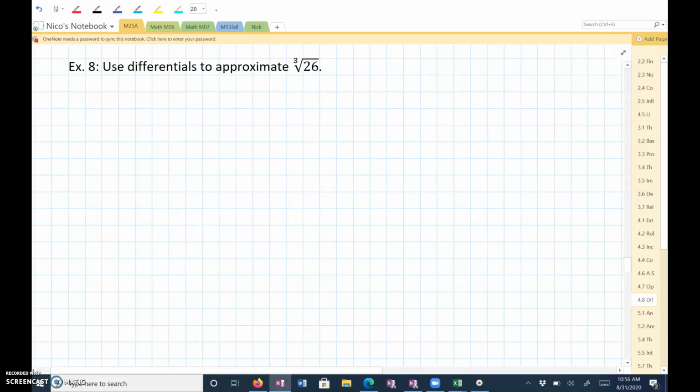Okay, example 8. So again, we're going to use differentials. We're going to use delta y is approximately dy, where dy is the same thing as f of x plus delta x minus f of x, which is approximately f prime of x dx.